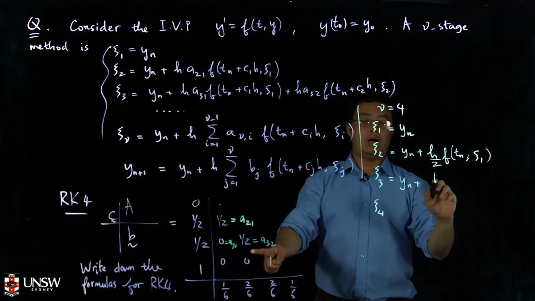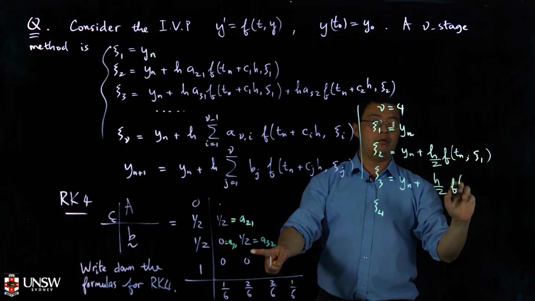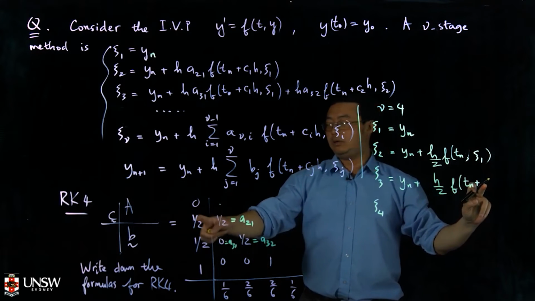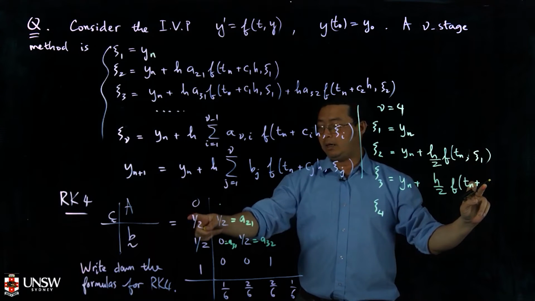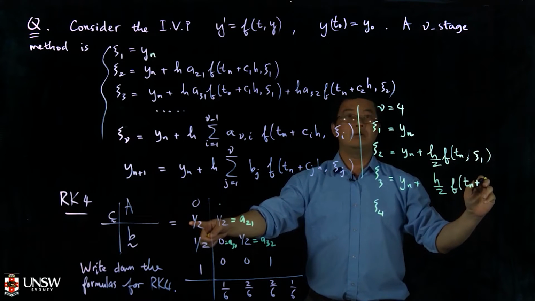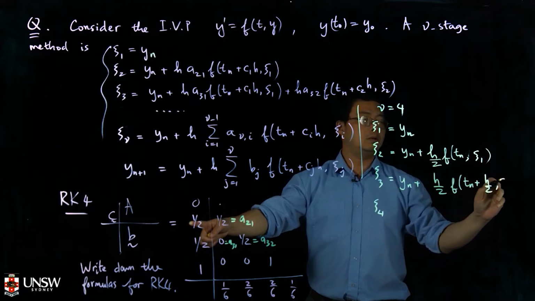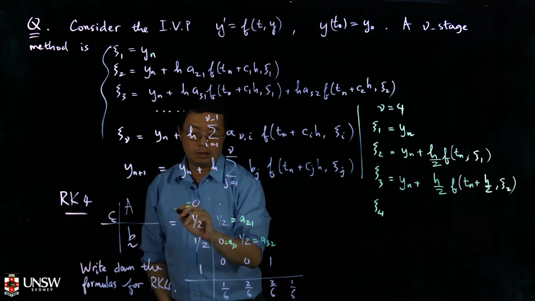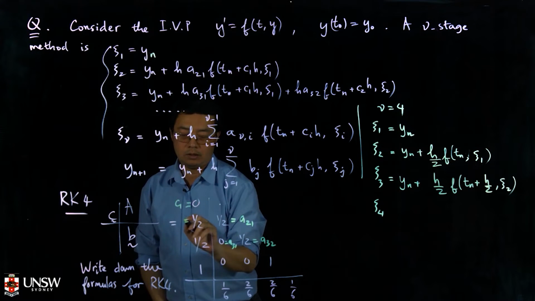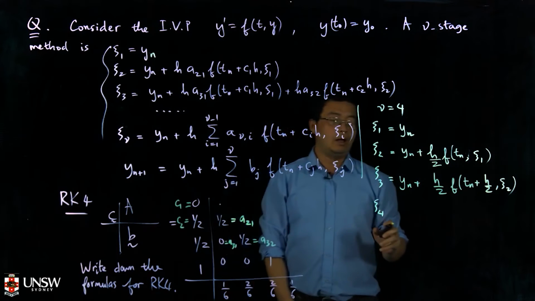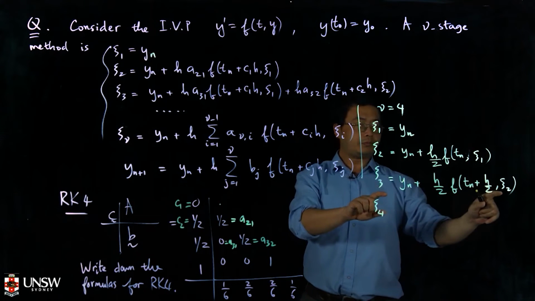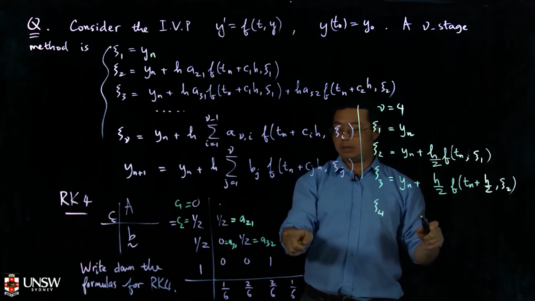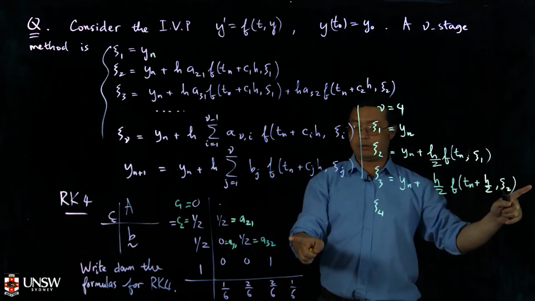So you have h over 2, then f of Tn plus C2h. So C2 is 1/2. So h over 2 and xi2. So this one is C1 and this one is C2. And because there are no more entries here, it's 0, so you don't have an extra term.